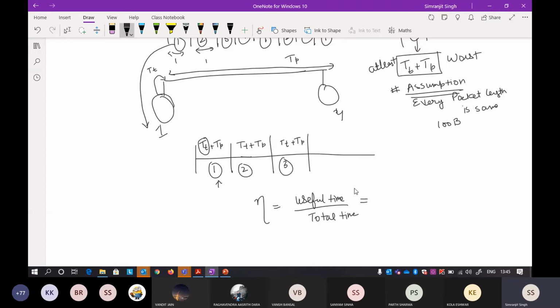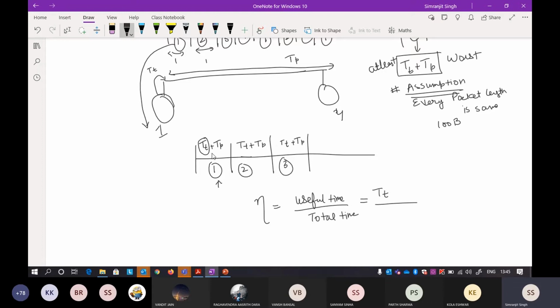So my useful time, when station 1 is doing work, is only TT because it is putting the packet onto the link. For TP time you cannot say that workstation 1 is doing some work; it should sit idle. That is why I'm not including TP in the useful time.